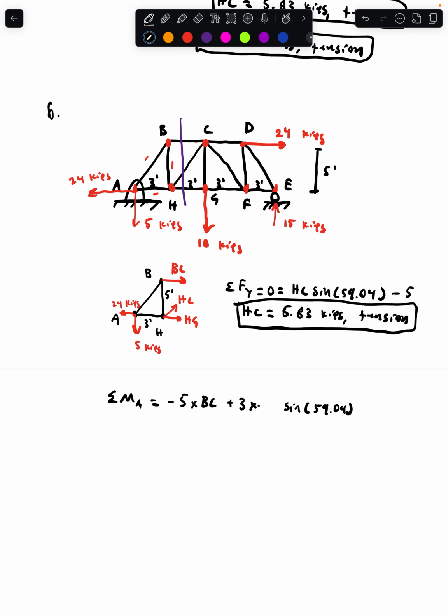HC is 5.83, so then BC is going to be 3 kips. That is in tension.